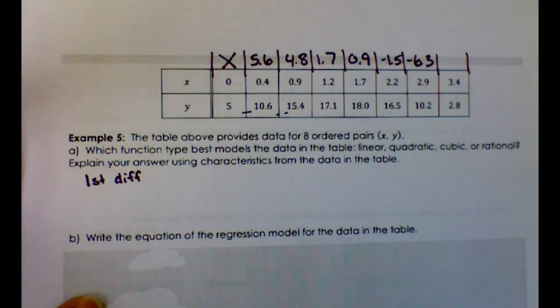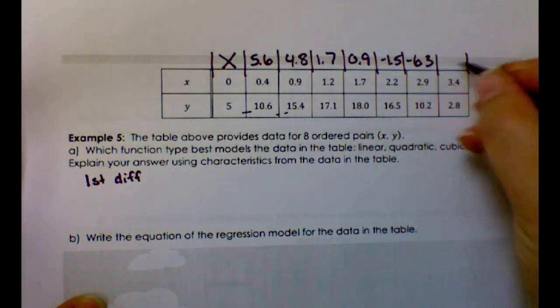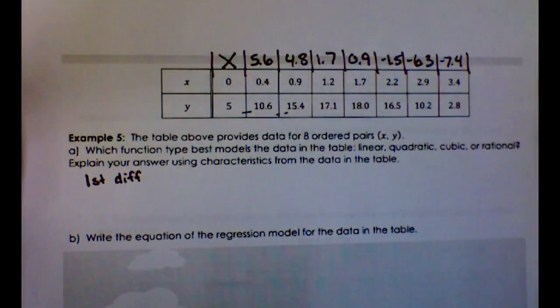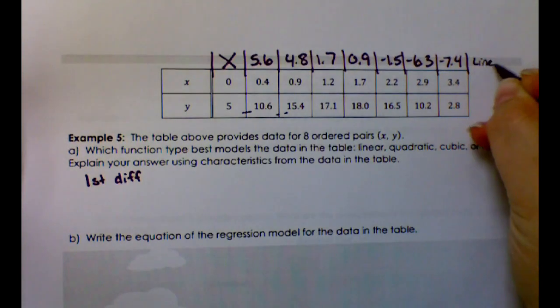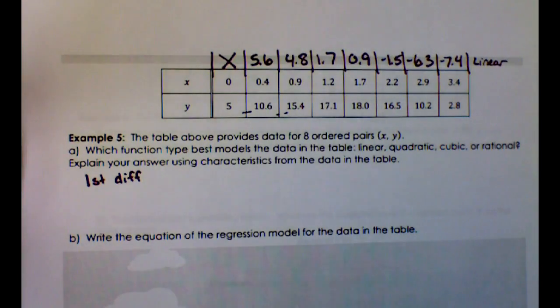And 2.8 minus 10.2 is negative 7.4. If those first differences were all the same or very close to the same, that would be good for a linear model. They're not all close to the same.